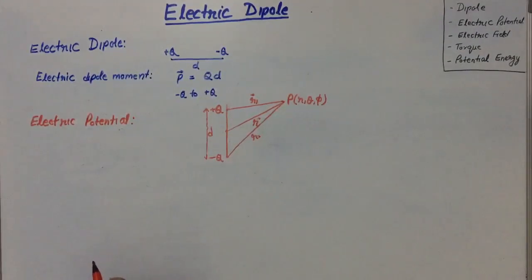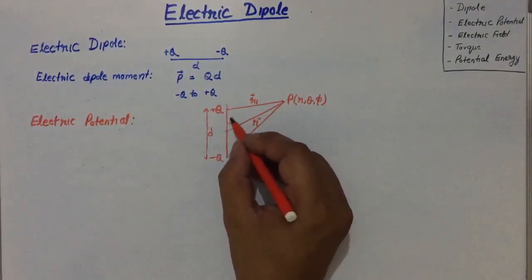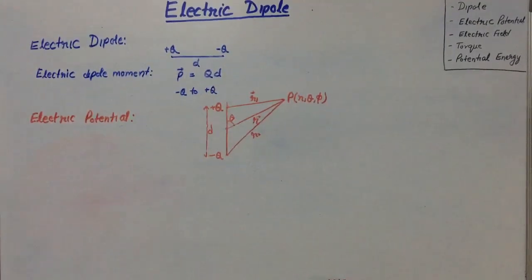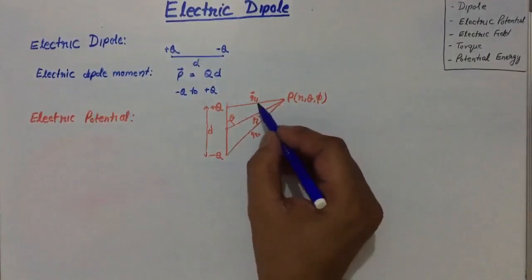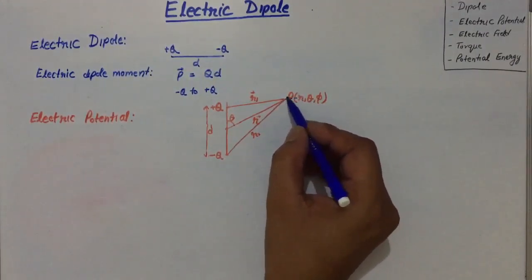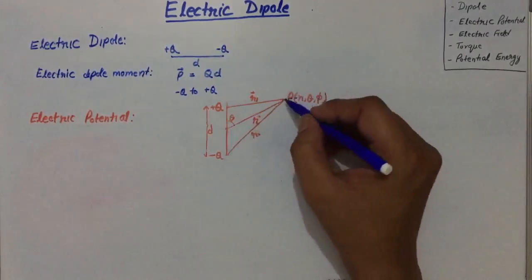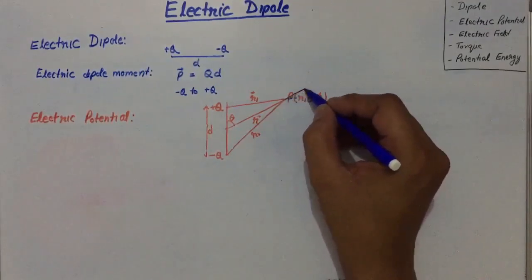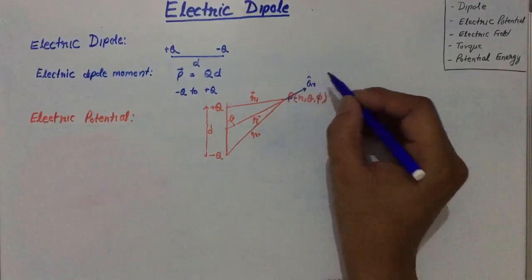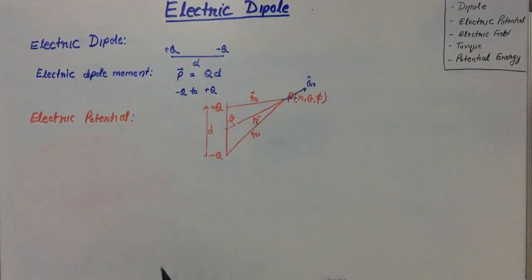Consider this angle as theta. Now the position vector r1 is in this direction, r2 is in this direction, and the position vector of the dipole center to this point is in this direction.